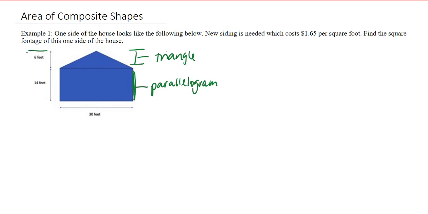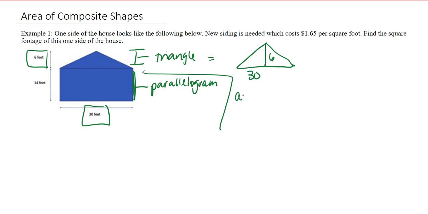So we have 6 feet and 30 feet. So we have 6 and this is 30. Well, to find the area of a triangle, it's going to be 1/2 base times the height.